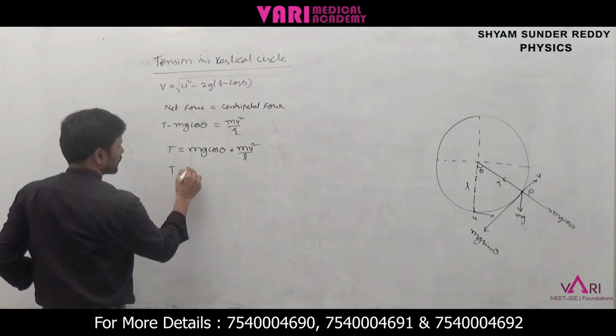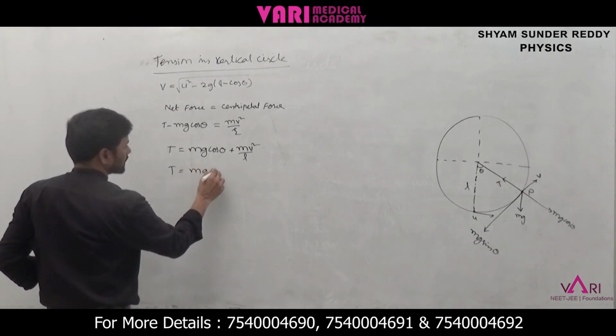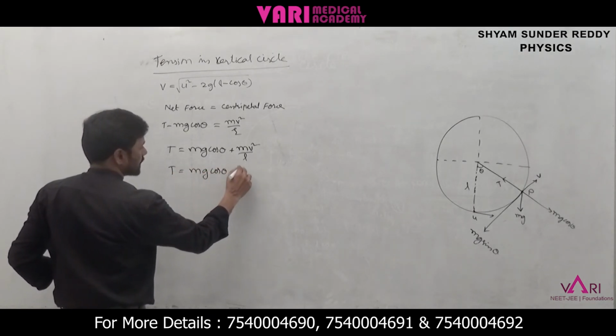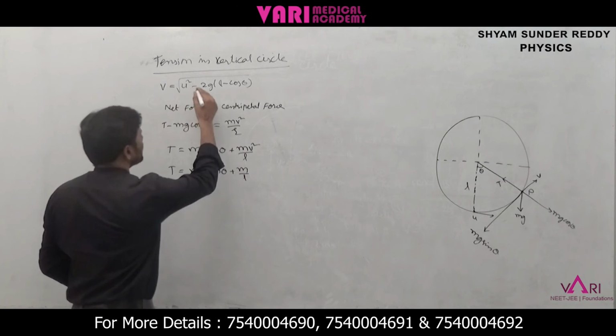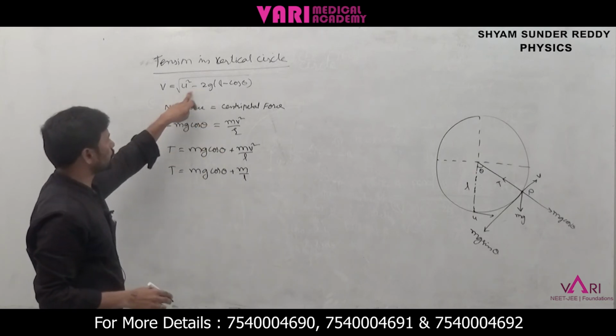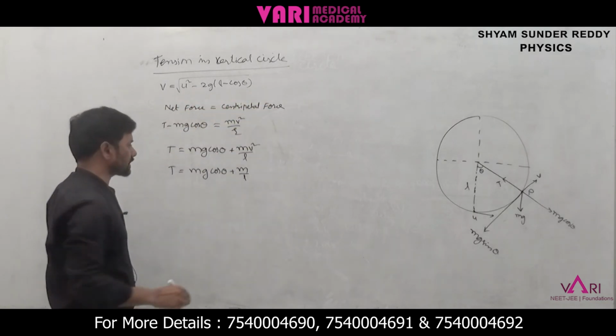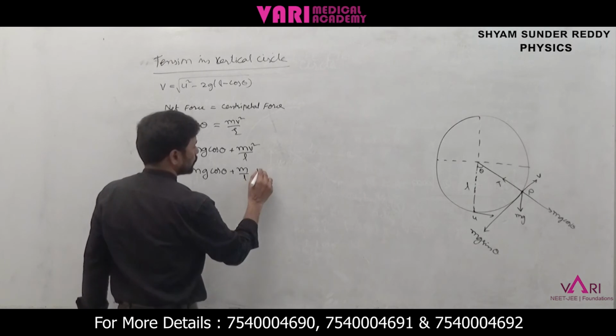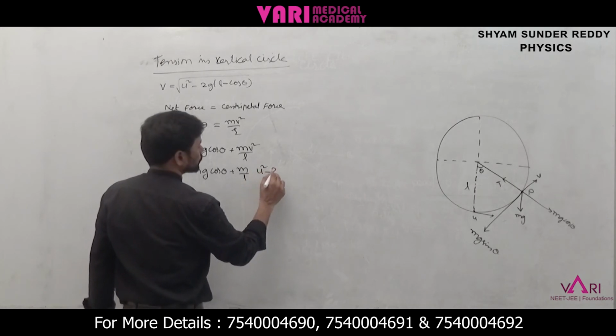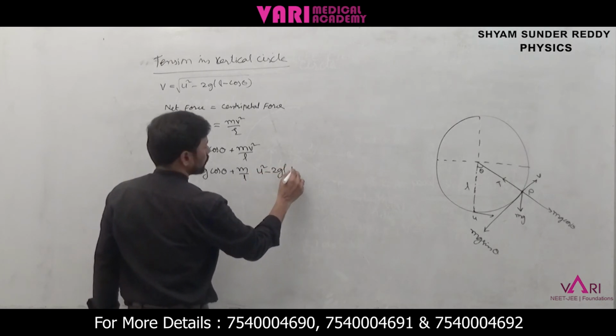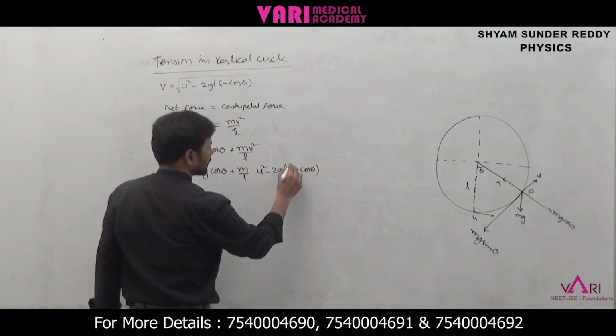T is equal to mg cos theta plus m by L into, in the place of V square we can write u square minus 2gl into 1 minus cos theta.